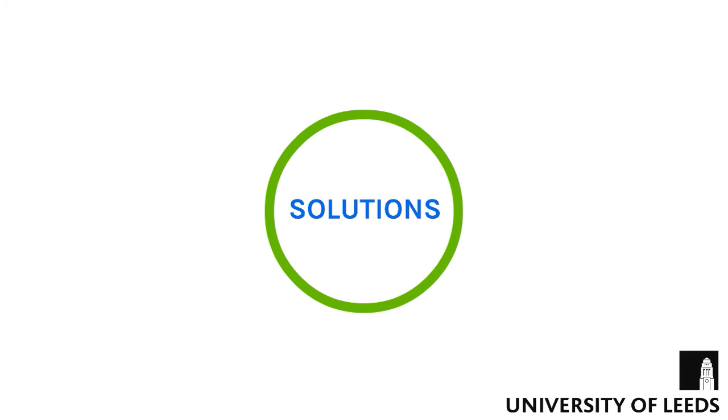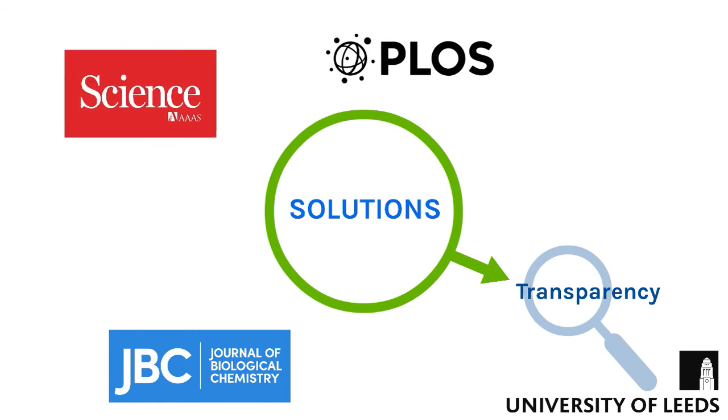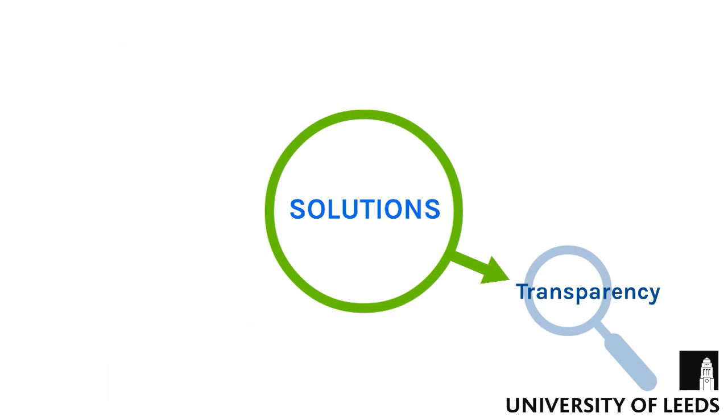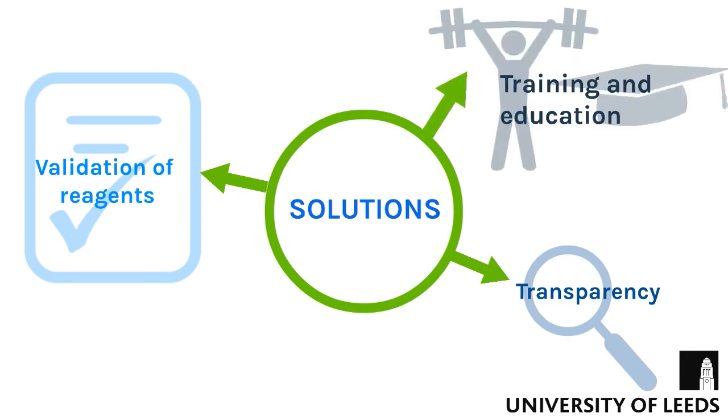There have been many solutions suggested to increase reproducibility. There should be a movement towards increasing transparency within scientific research. Many major journals are now implementing prerequisites of studies prior to publishing. Another solution involves proper validation of materials used in research, along with registering and sufficient documentation of their sources.